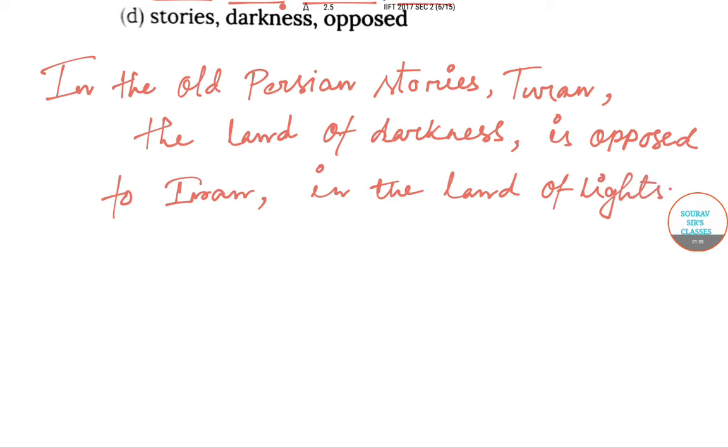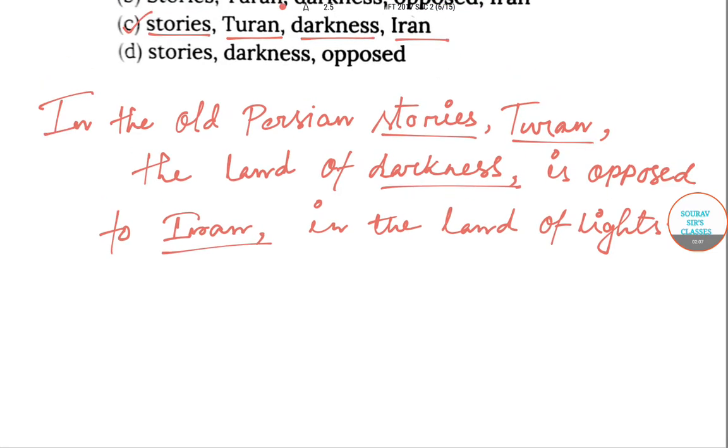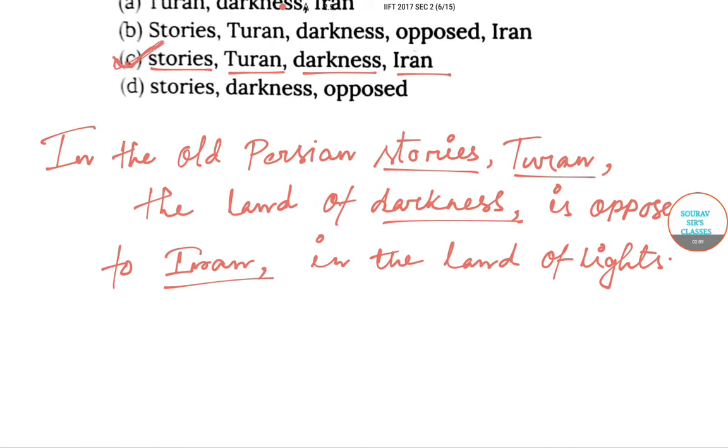So here the commas are given after stories, Turan, darkness and Iran. So here option C is the correct answer.